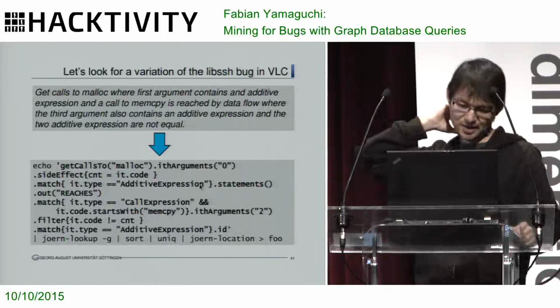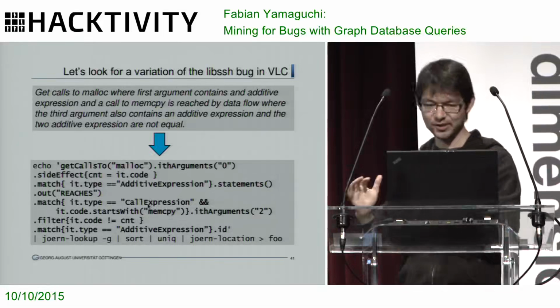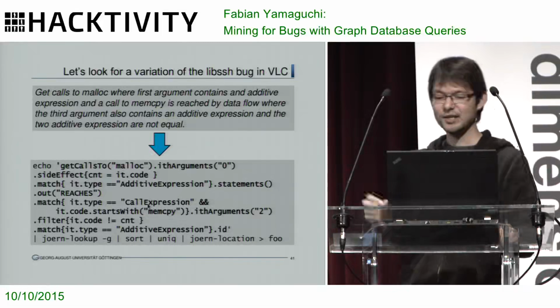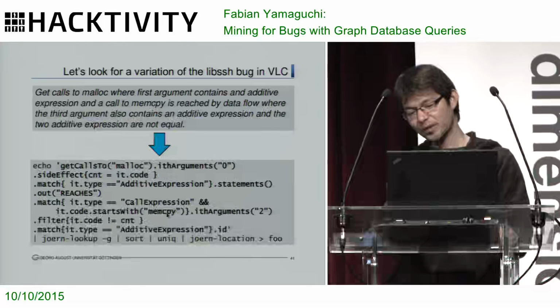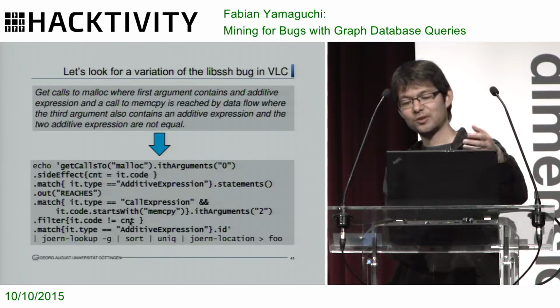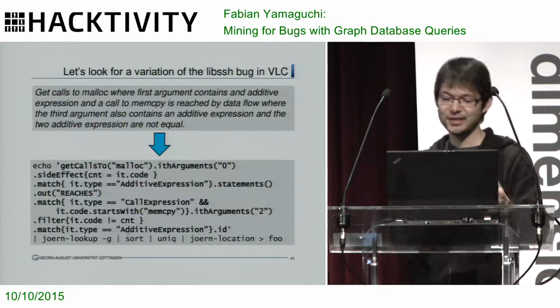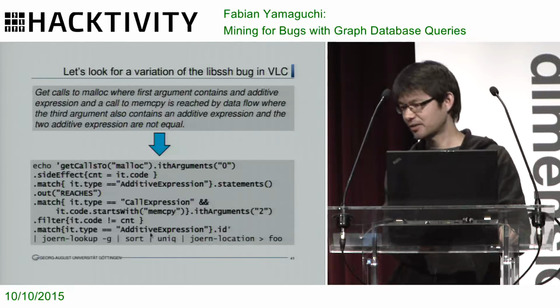So now you can say, follow all data flow links where, and now you go back into the AST, find calls to memcopy where the third argument is unequal to the stuff we saved. That's the first argument to malloc. And this is also an additive expression. That's it.